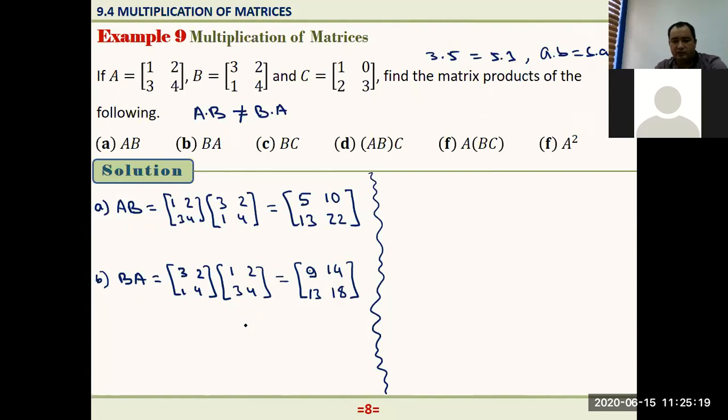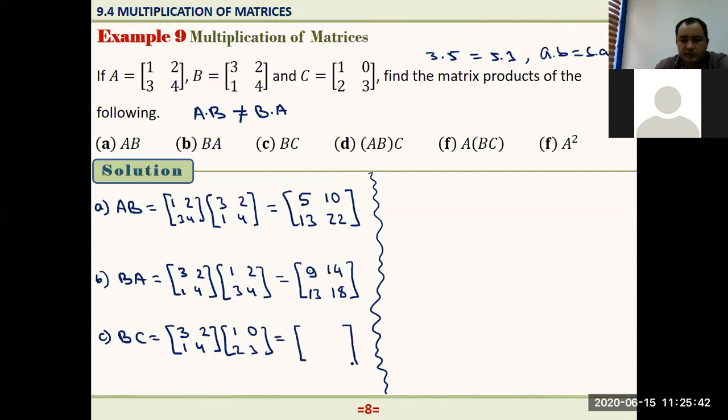Okay. How about BC? If you multiply B times C, what is B? 3, 2, 1, 4. And how about C? 1, 0, 2, 3. All right. So this one is 2 by 2, and this is also 2 by 2.